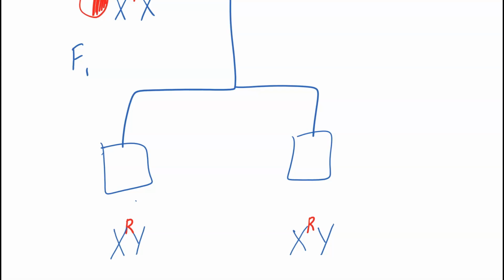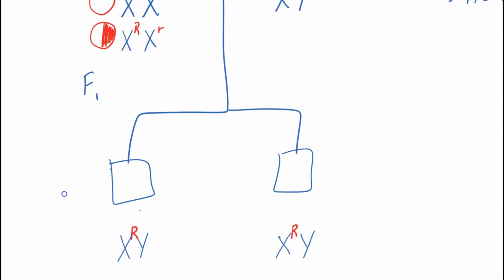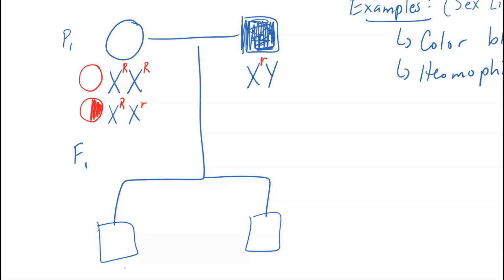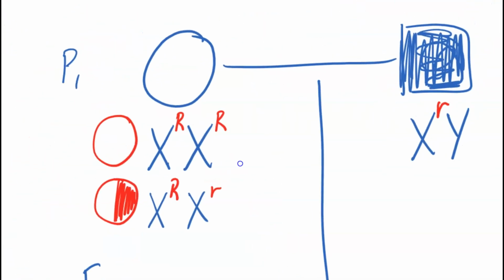The Y chromosome then was received from dad, which means there's no way that either one of these offspring would be able to receive the little r, or that recessive r, that would cause them to be colorblind. Most likely, in this instance, mom: all we know about mom is that she's not colorblind.